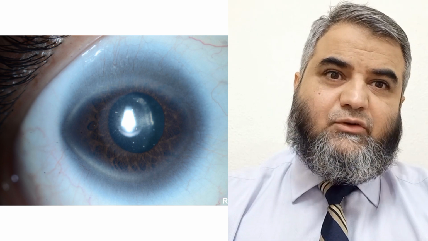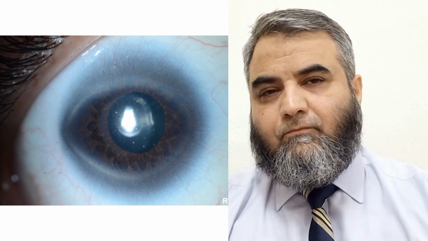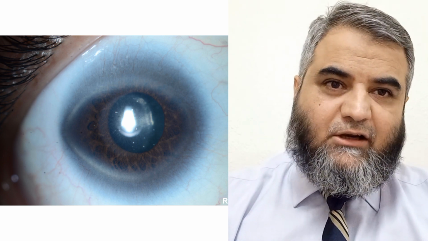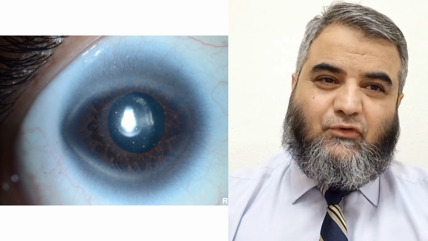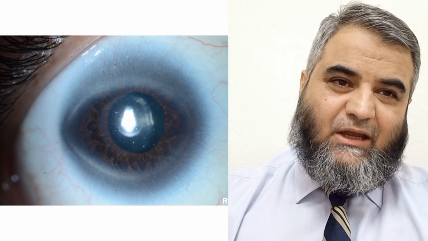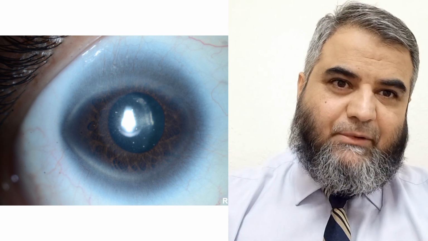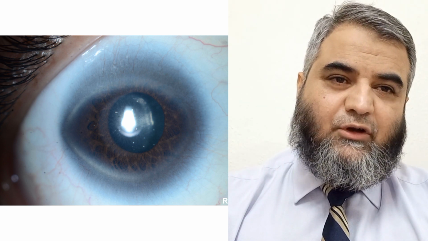In another photograph, because of cornea plana, arcus lipoides is happening, with phospholipids getting deposited and opacification superiorly and inferiorly. These things happen with the flattening of the cornea.